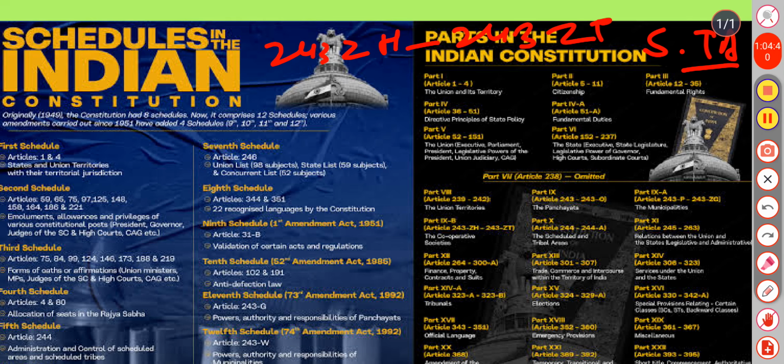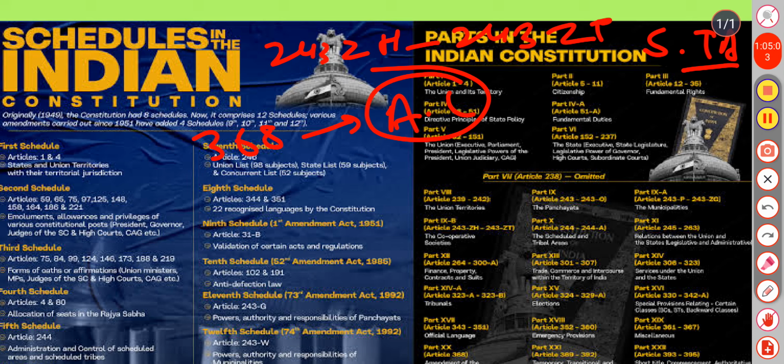Now part 20 and article 368. Under this we will see amendment of the constitution. So this is most important. Article 368, amendment of the constitution, right? So this comes under part 20.